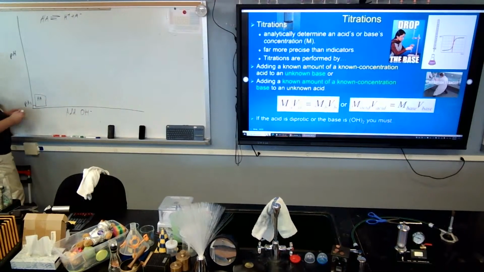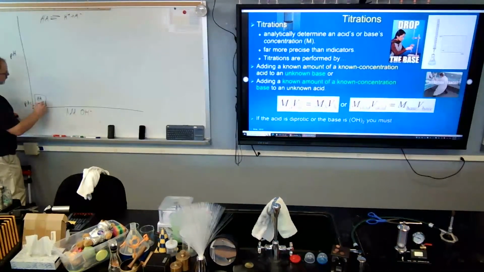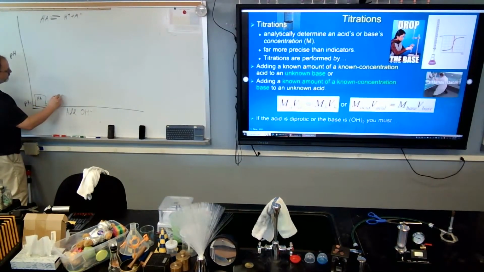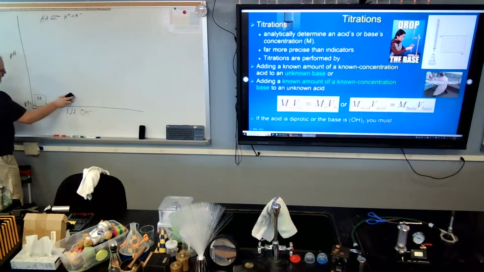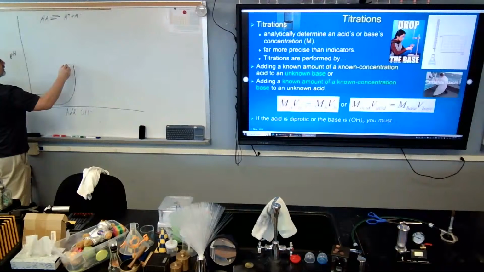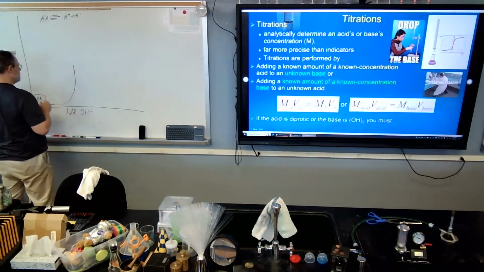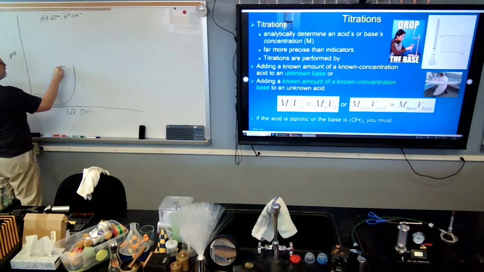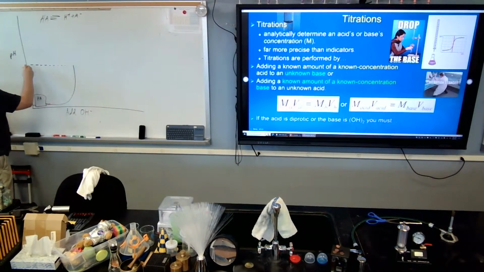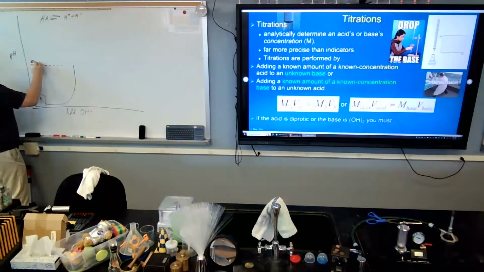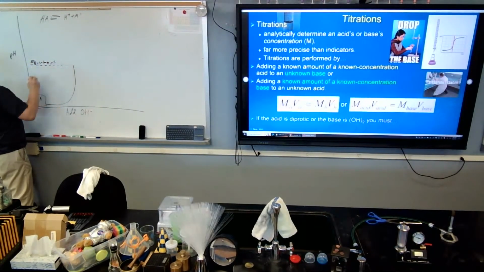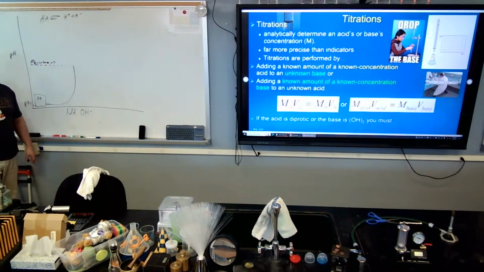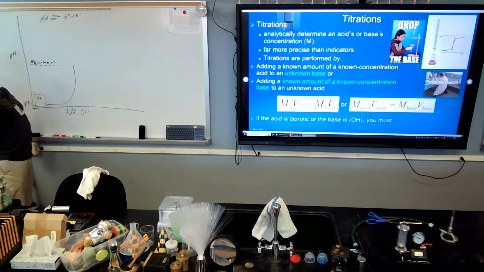Okay, so we're going to add hydroxide. And as we do, the graph is going to start going up. Makes me get a little more logarithmic. It's going to start going up like this. Okay. And then, when you get to this point, which is not the end point, it's the equivalence point, you have only what? We talked about this yesterday. Only H plus and A minus. Exactly. Well, the H plus is consumed.